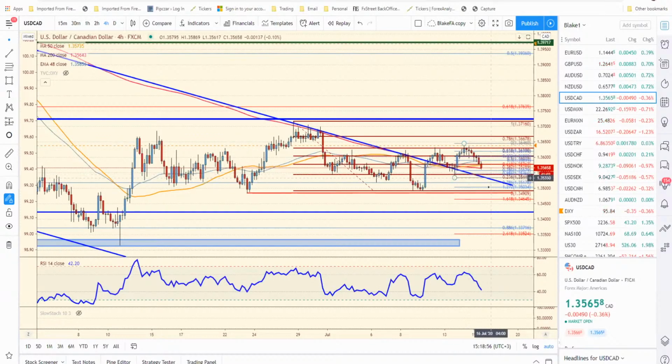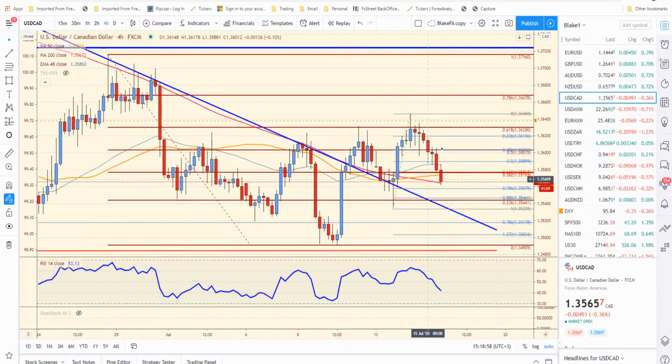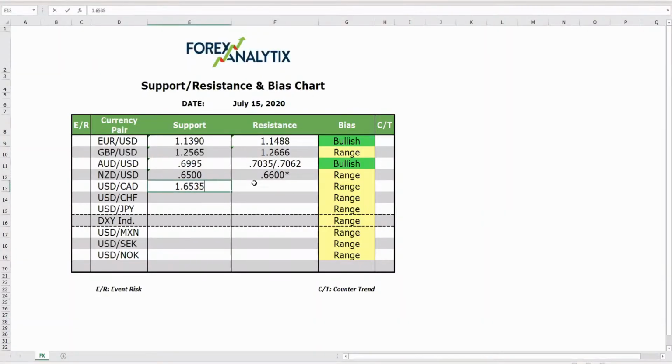I'm going to say it's range bound for now. Resistance, any move back up towards, it's hard to say. I would say that for today, any move back up towards 136.30 is going to find sellers, but this is more range bound now. 66.30 is resistance. Okay.